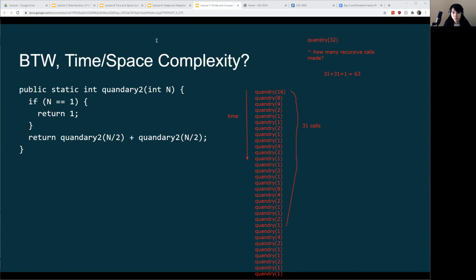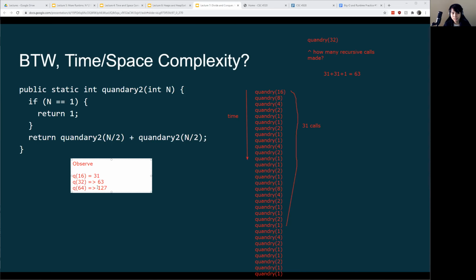So if we get this pattern, that quandary of 16 gives me 31 calls, quandary of 32 will give me 63 calls, and quandary of 64, you can imagine, gives me 127 calls, right?